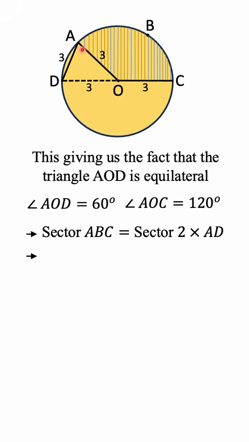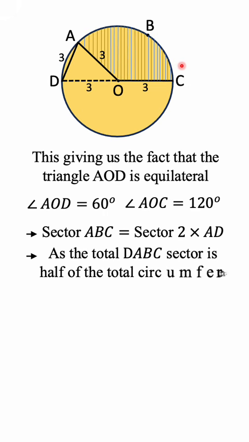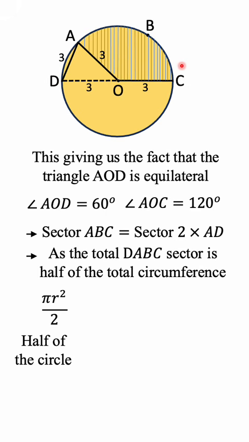In order to find the area of the shaded region, we first need to compute the area of the total circle, and then divide it by 2 to get the upper part, or half of the circle.